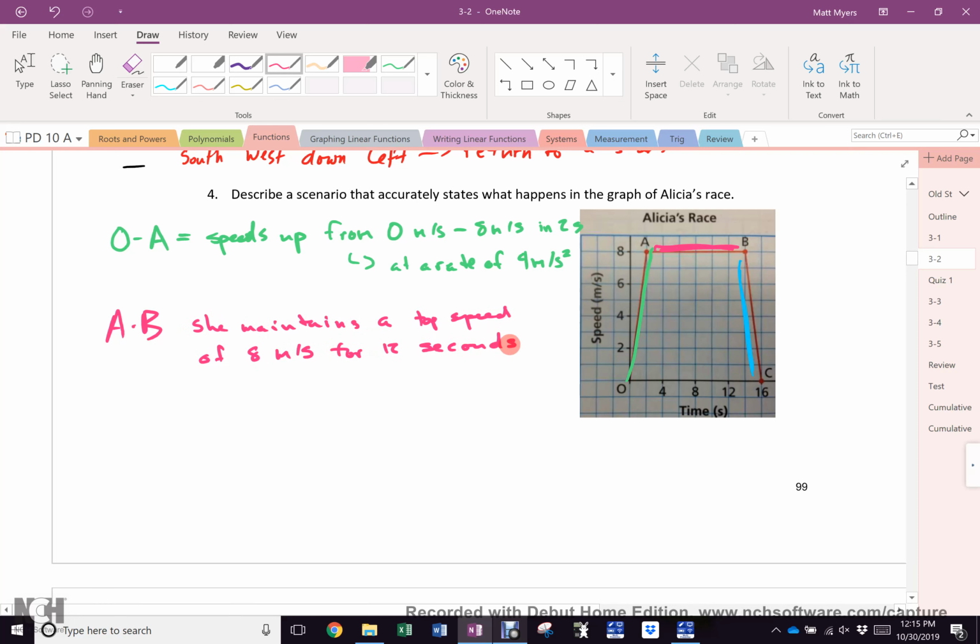And you may not think it, but that's pretty darn fast. As a matter of fact, it is almost 25 kilometers an hour, which is pretty fast running. It borders on world-class running speed.